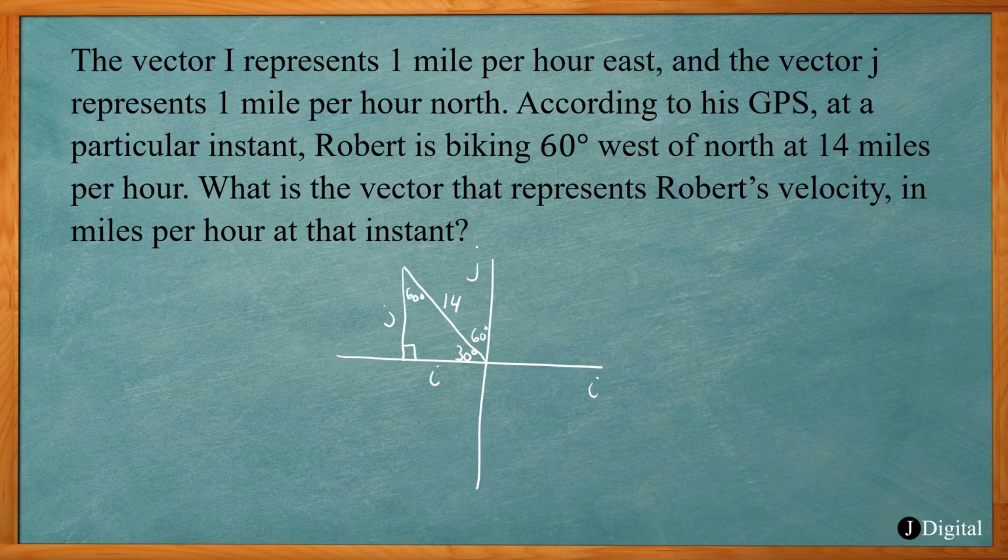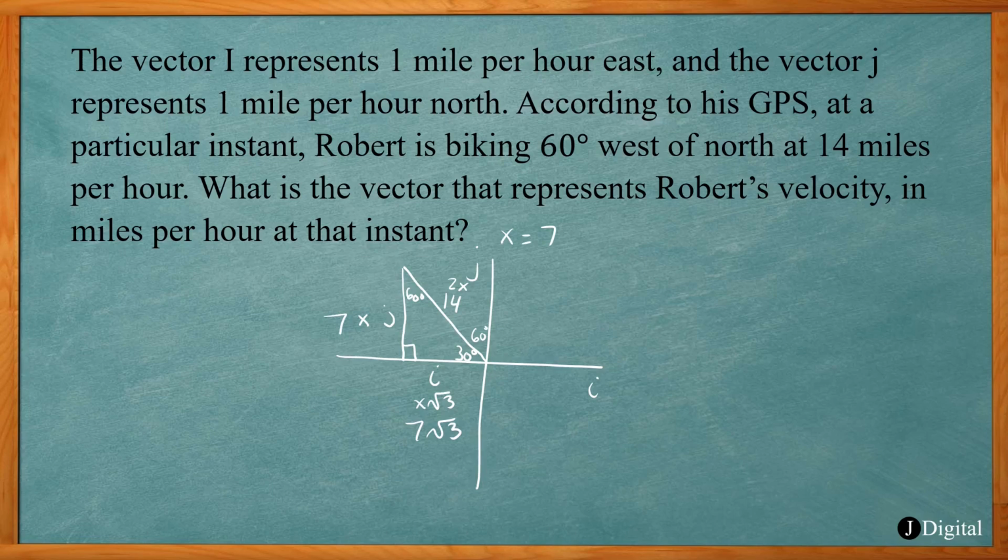Now if you remember your 30-60-90 triangle, the hypotenuse is 2x. The side opposite to 30 degrees is x. And then the side opposite to 60 degrees is x square root of 3. So if our hypotenuse is 14, 2 times 7 equals 14, so x equals 7. That gives us 7 for that side and 7 square root of 3.